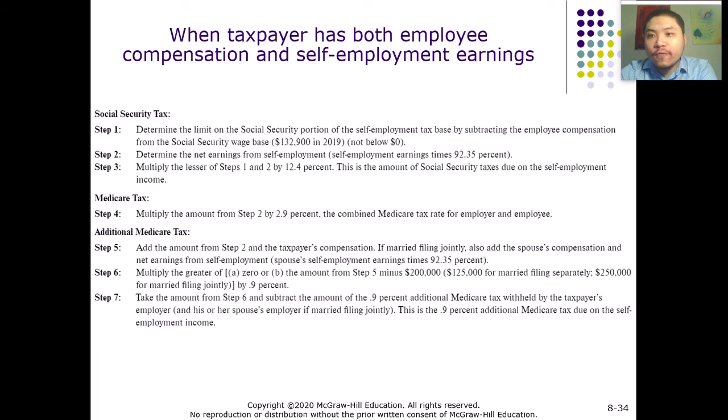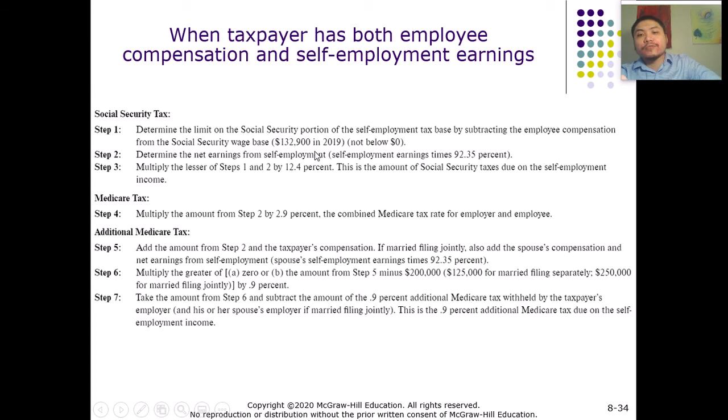She works for some employer, and she also has a side job where she is self-employed. First, we determine the limit of the Social Security portion of the self-employment tax base by subtracting the employee compensation from the Social Security wage base.